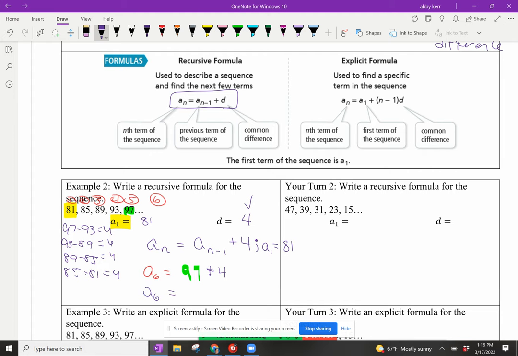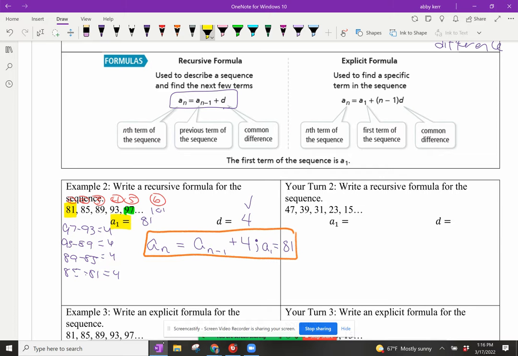So our 6th term is 97 plus 4, which is 101, our next number in the pattern. And then you can do that for a sub 7. Our 7th term will be 101 plus 4, and so on and so forth. So that gives you an idea of why the recursive is ideal for finding the next term.